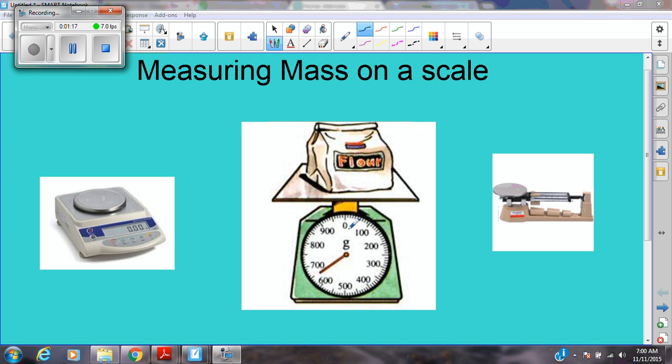If that hand or needle was pointing at a number directly, we would know that that's how many grams the object on top of the scale weighs. If we notice, this one is counting by 100. Because of that, each tick mark in between represents 10 counts. So we have 10, 20, 30, 40, 50.